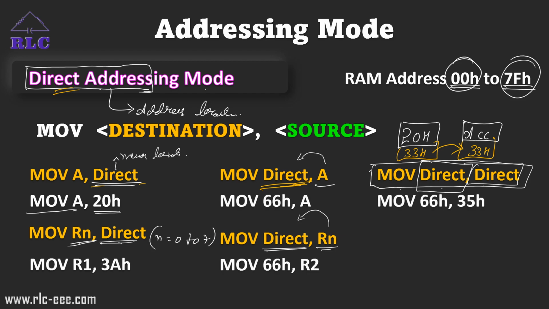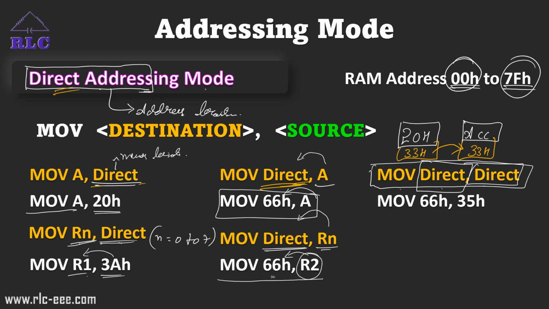We can go with one example here. MOV R1, 3AH means whatever data is stored in the memory location 3AH is passed to register R1. Here the accumulator data will be copied to the memory location 66H. Then MOV 66H, R2 means the data present in R2 will be copied to the 66H memory location.